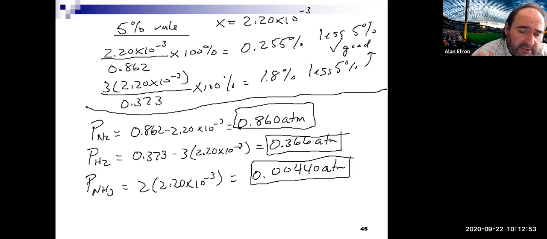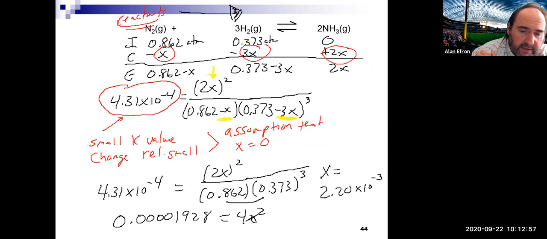Successive approximation, if you don't do it very well, you might be there all day doing it. But the idea behind successive approximation is, well, I know my X value needs to be less than this number. So what I will do is just pick a number that's less than it and put it in here and here, and then solve for X. And when you solve for X, you may get the same number as you put in.